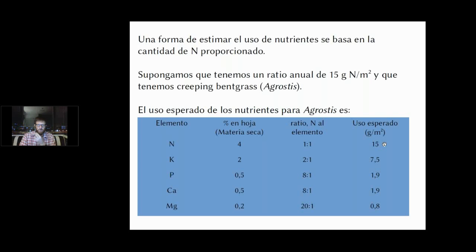We can see that when we use 15 grams of nitrogen, we use 7.5 grams of potassium, 1.9 of phosphorus and calcium, 0.8 of magnesium. So just from the nitrogen, we can get an estimate of how much of each of the other elements the grass will use.